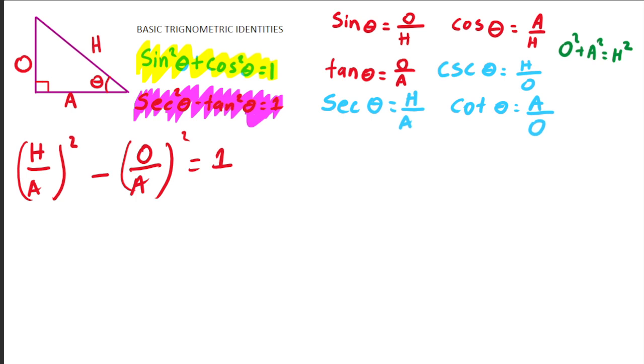If we simplify this, we get H squared minus O squared over A squared. And like we did last time, we're just going to use Pythagorean theorem to figure this out. We can rearrange this to say that A squared equals H squared minus O squared.